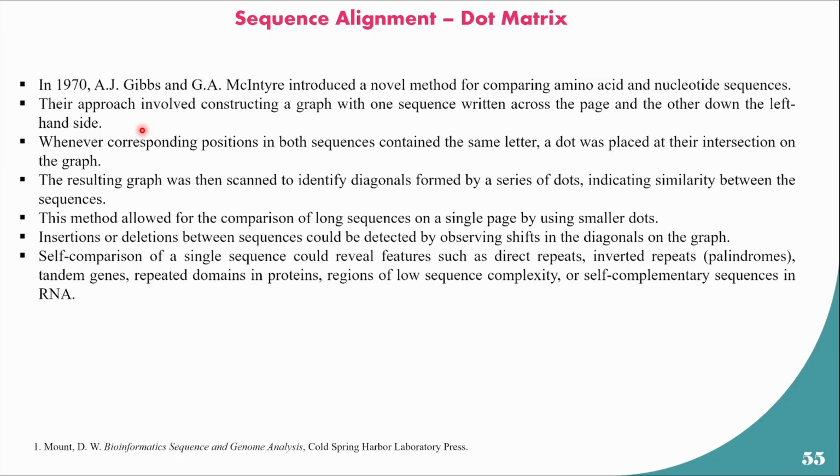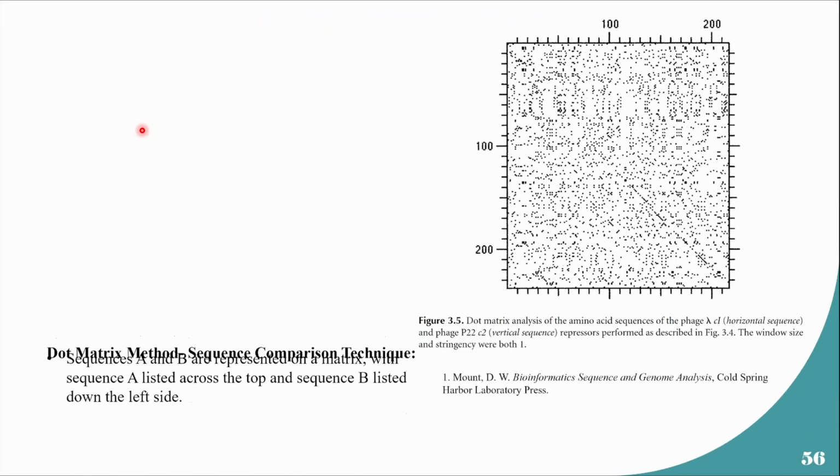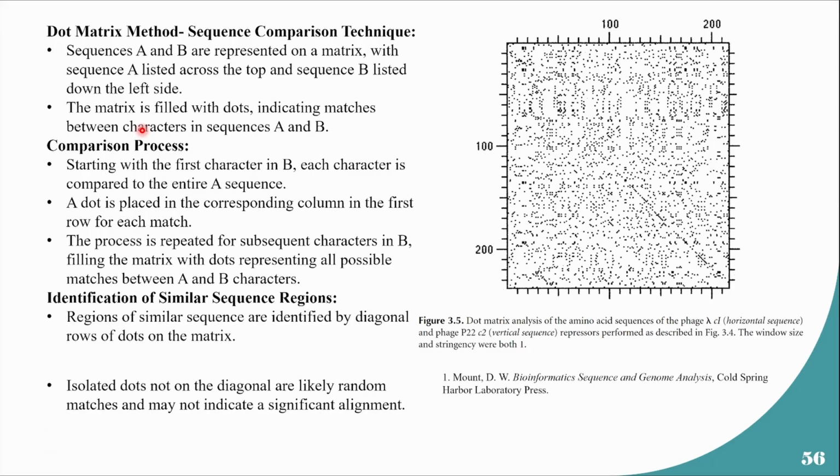And from the dots that are put inside this plot, you can try to infer the different patterns. Basically, here you are trying to look for the patterns of diagonals, which can give you the information about similarities. Okay.